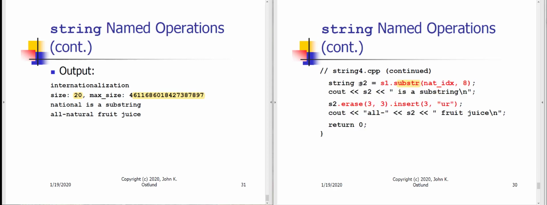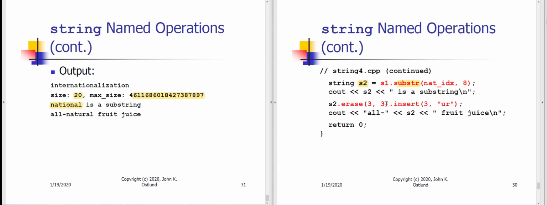All right, so S2 is a new string object, and it's going to be initialized with national. And sure enough, when we display S2 as a substring, our output is national for S2.